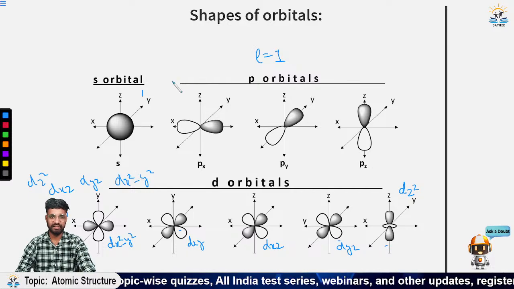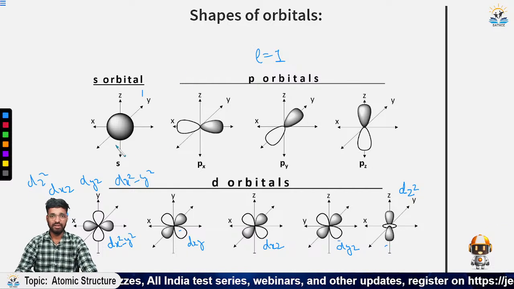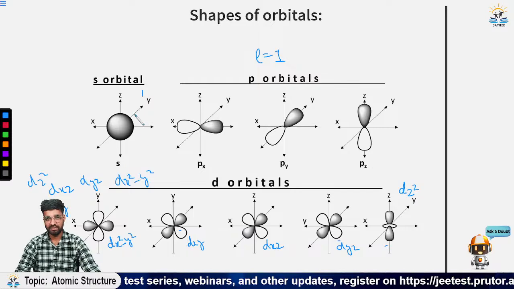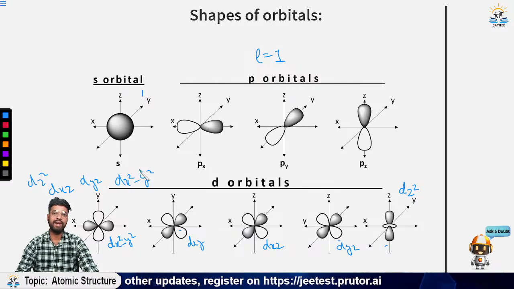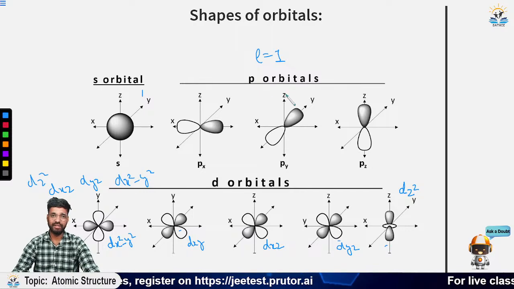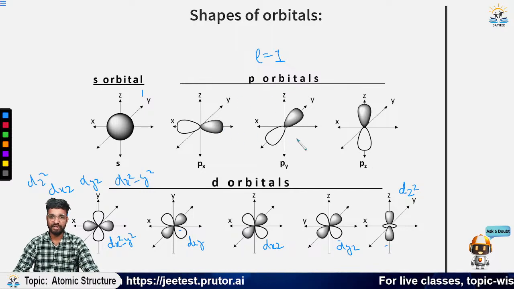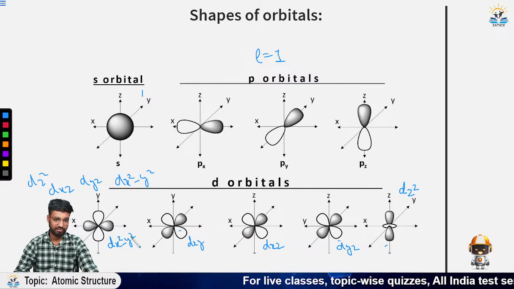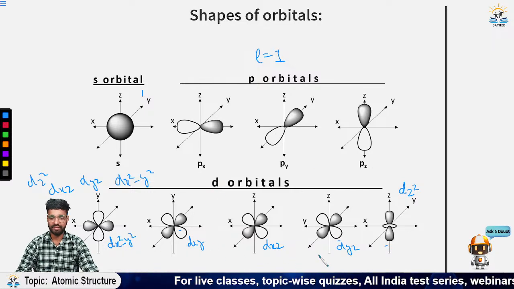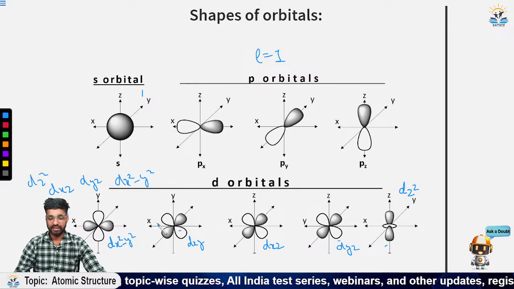Then n is equal to 3, the third shell, then the fourth shell. Now in each shell we have the subshells, that is s subshell, then p subshell, then d subshell. And in those subshells we have the orbitals: px, py, pz orbitals. Then d has dx square minus y square, dxy, dxz, dyz and dz square orbitals. So this is what we have here.